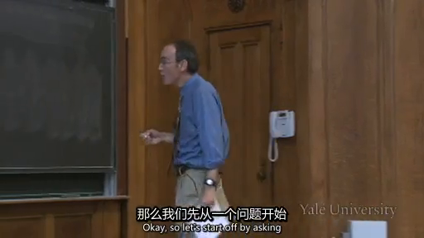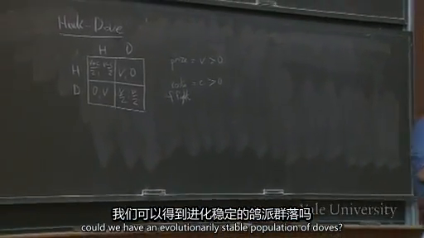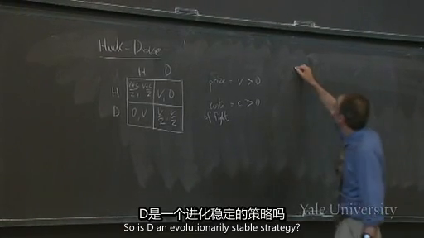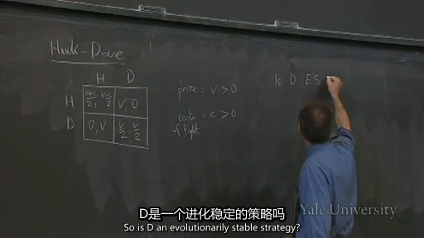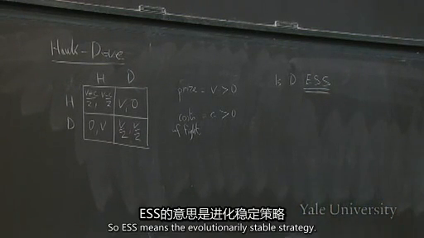Okay, so let's start off by asking, could we have an evolutionarily stable population of doves? So is D an evolutionarily stable strategy? I'll start using the term ESS now. So ESS means an evolutionarily stable strategy.